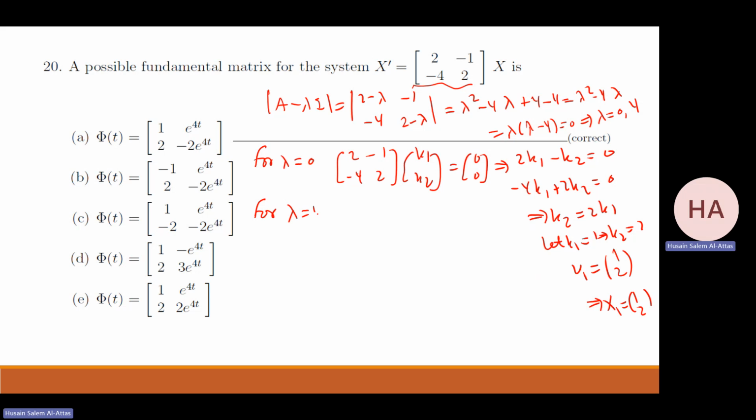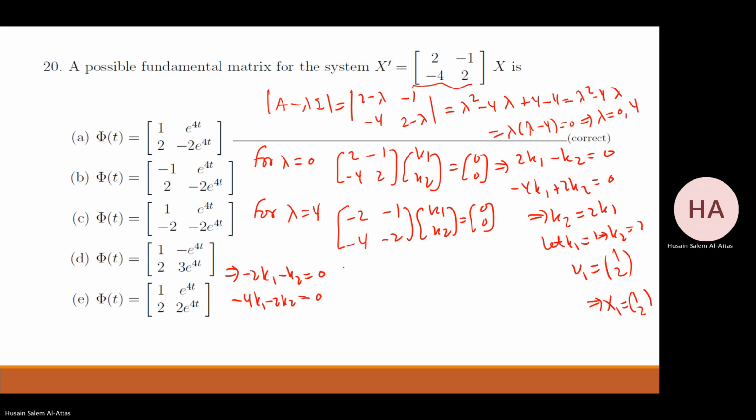For lambda equal 4, what do we have? 2 minus 4, that's minus 2, minus 1, minus 4, 2 minus 4, that is minus 2. And that implies minus 2k1 minus k2 equals 0, minus 4k1 minus 2k2 equals 0.